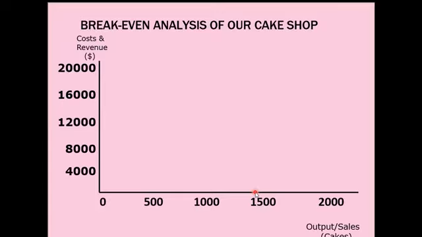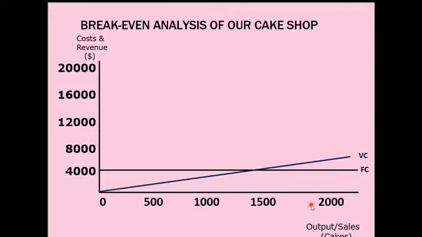First thing first, I have to draw my fixed cost, which is 5,000. It does not change. Even when the production was at 2,000, we still incur $5,000 as our fixed cost. The next is to draw my VC. I'm plotting the table into this graph. My variable cost.